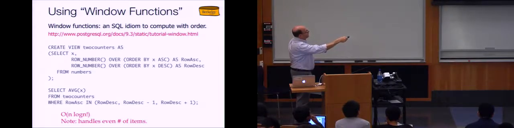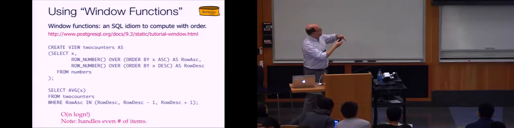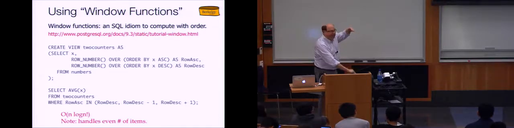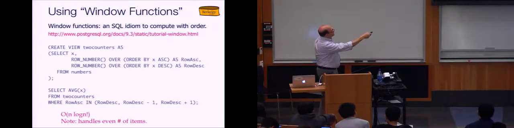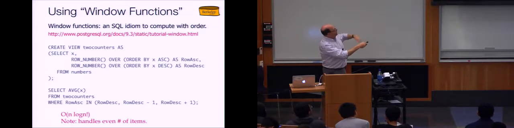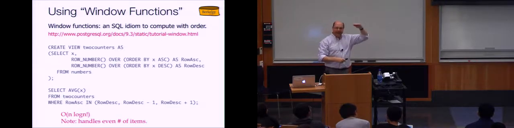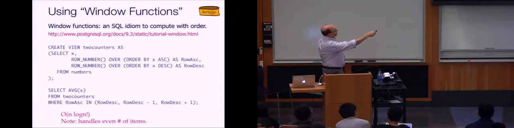This says order X ascending, right? So take the entire numbers relation, sort it from lowest to highest, and then return which position this particular value of X is at. Okay, and then this one says do the same thing except order it from highest to lowest, and then return the position there.